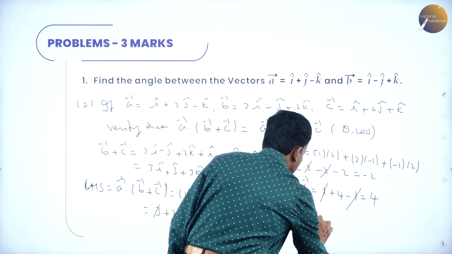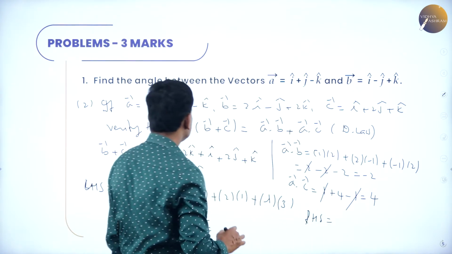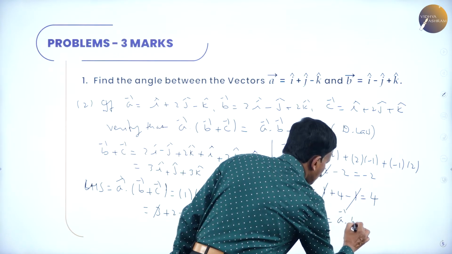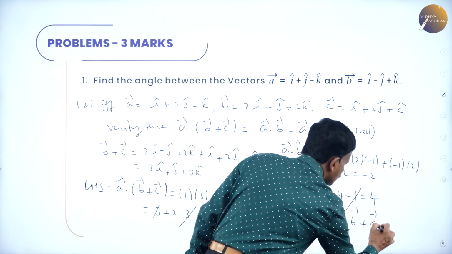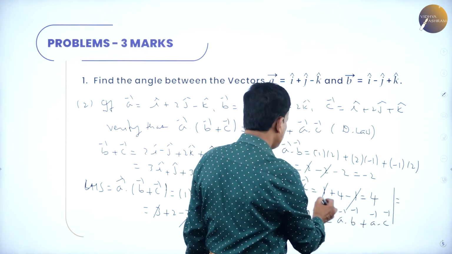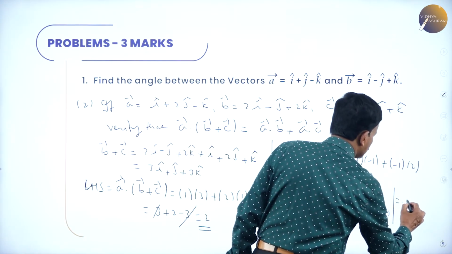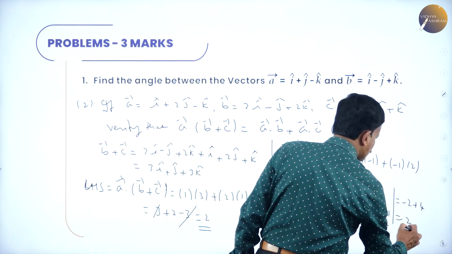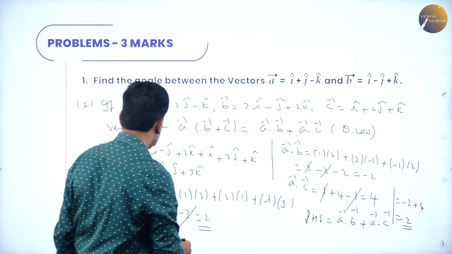Now, the right hand side. What is RHS? RHS is equal to A dot B plus A dot C. Now what is A dot B here? A dot B is equal to minus 2, plus A dot C is equal to 4. So minus 2 plus 4 is plus 2. So what is LHS?